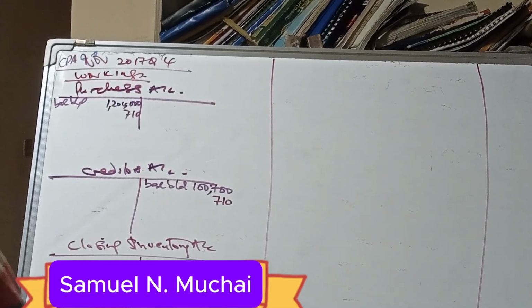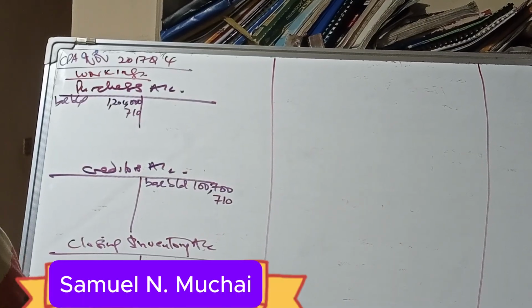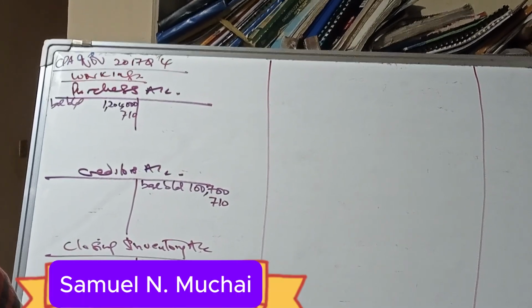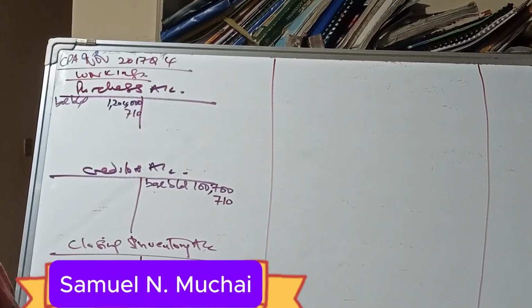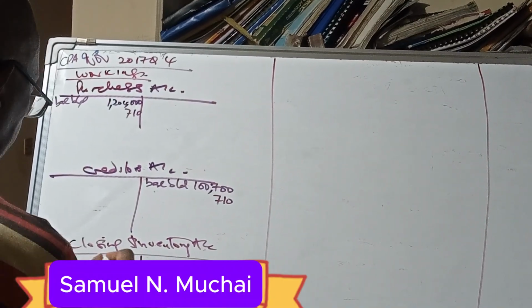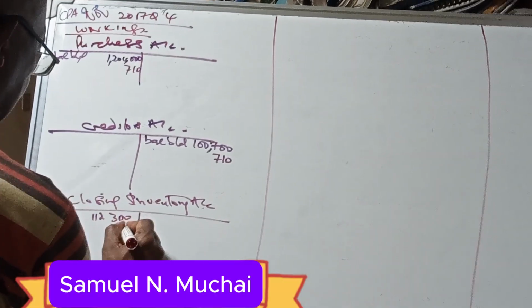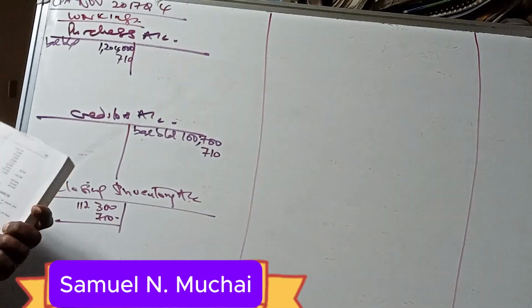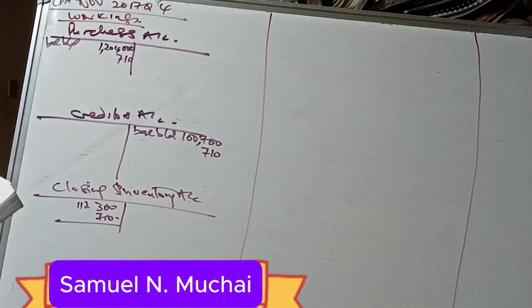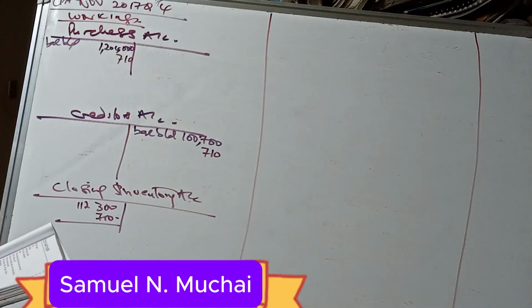Additional information number 2 tells us that our closing inventory as of September 2017 was valued at 112,300. So we need to add 710 to get the closing inventory.